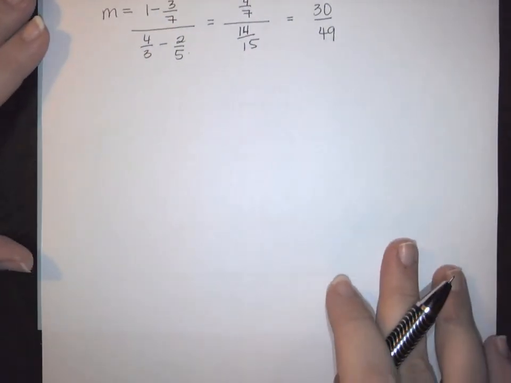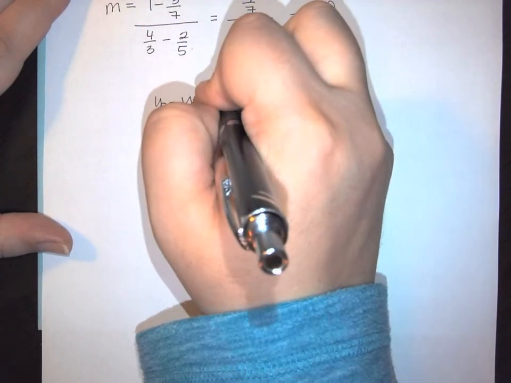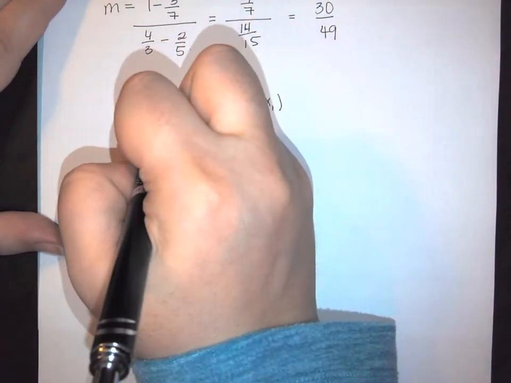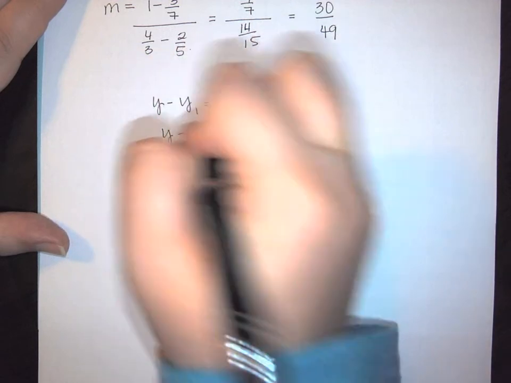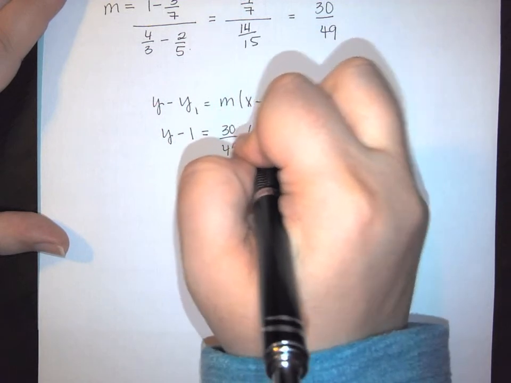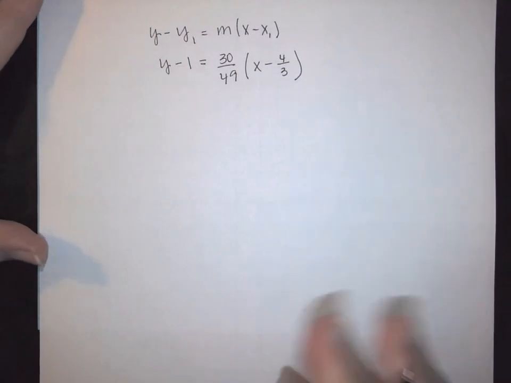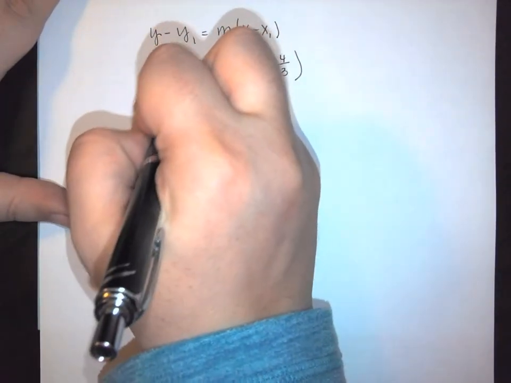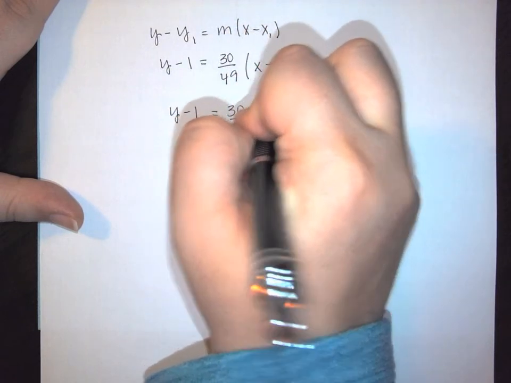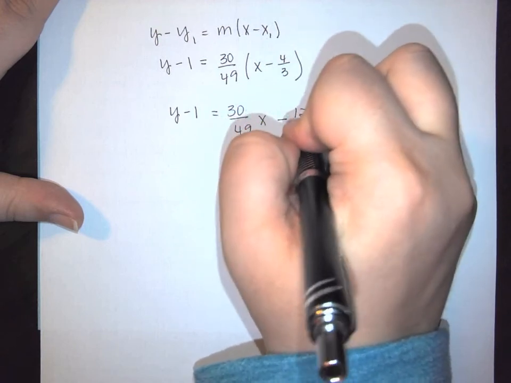Now that you know the slope, you can do the same thing we did before. Y minus y1 equals m times x minus x1. So here we're going to have y minus 1 is equal to 30 over 49 times x minus 4/3. Again, we just simply have to reduce it down. So this becomes y minus 1 gives you 30 over 49x minus 120 over 147.